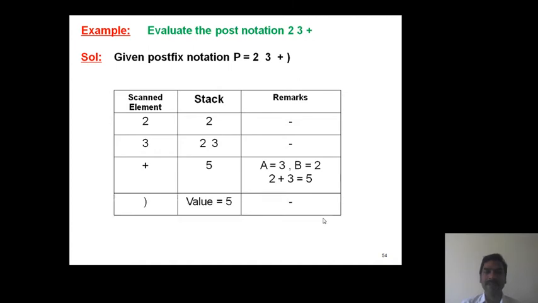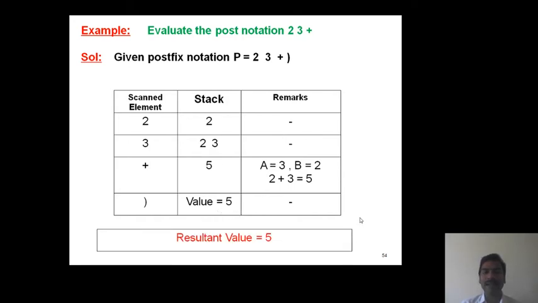The next scanned element is the right parenthesis. So whenever the right parenthesis arises, we terminate the process and the topmost element of the stack is placed as the result value. Hence, the resultant value is 5. So in this way, a postfix expression is executed.